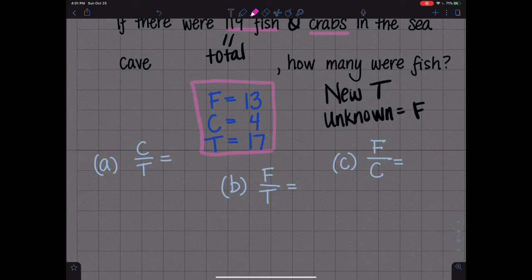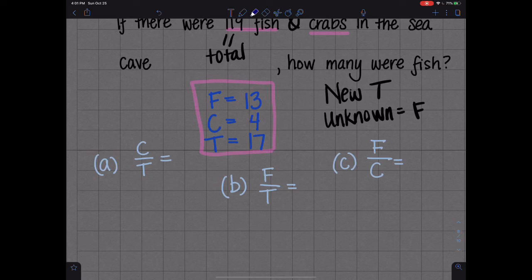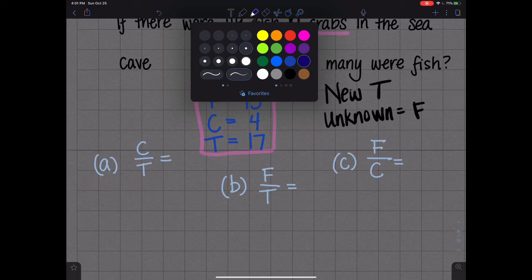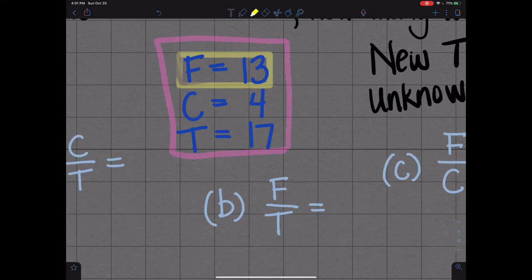So let's figure it out, but let's go through all the steps, okay? So A, we're going to do the finger method. The first thing is to ignore this part of the equation, and what we're going to do is C and T. You had to figure out the new total because all they did was give you a ratio of 13 fish for every 4 crabs.